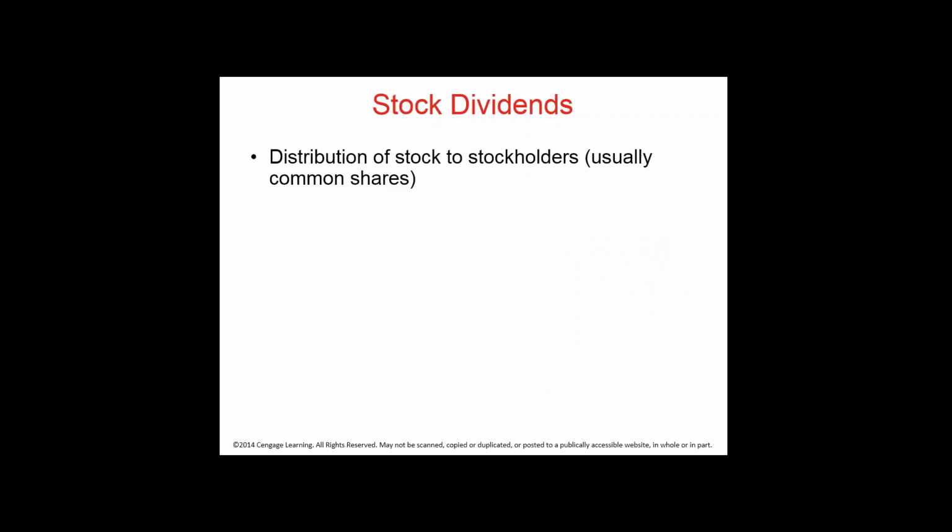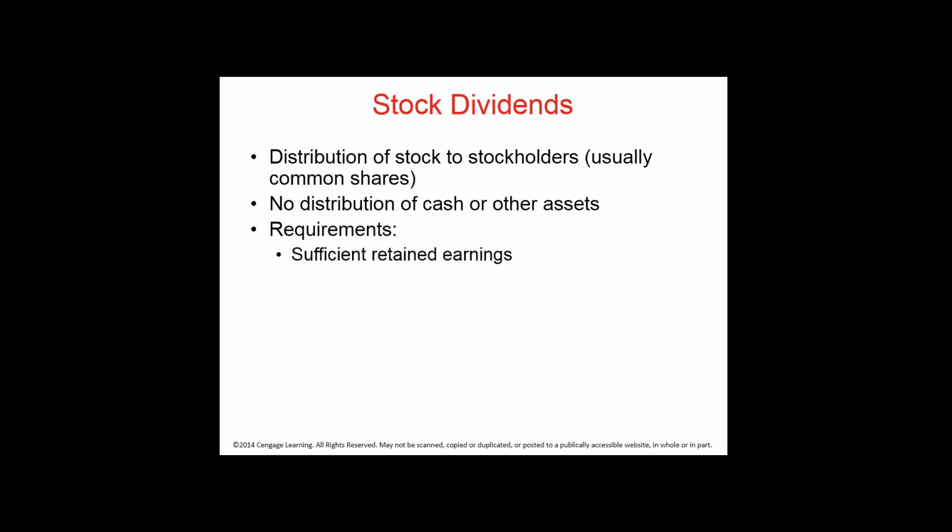Sometimes a company chooses to distribute stock to their stockholders instead of cash. Same requirements except for sufficient cash on hand. There must be sufficient retained earnings and a formal action by the board. Now, the difference between a cash and a stock dividend is that a stock dividend does not change assets, liabilities, or equity.